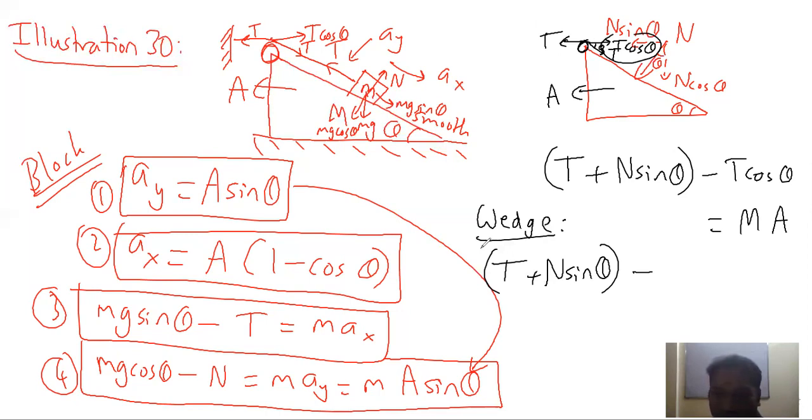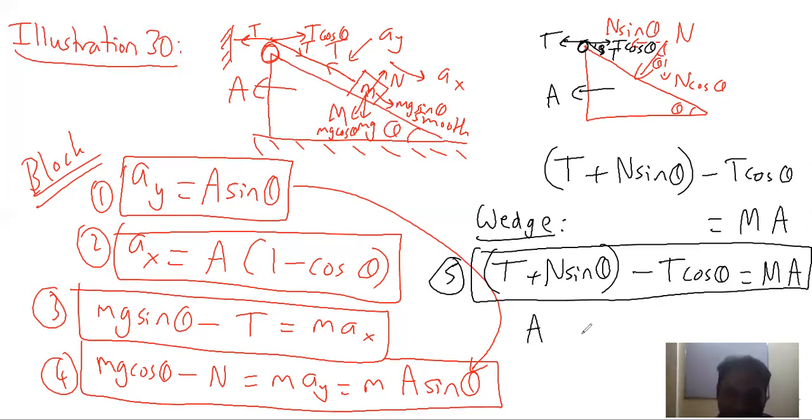So this is the fifth equation that we need. 5 equations, 5 unknowns. So from these equations, we can find the value of acceleration. So acceleration A of the wedge will come out to be mg sin theta upon (capital M plus 2m(1 minus cos theta)). So this is the answer to this question, illustration 30.